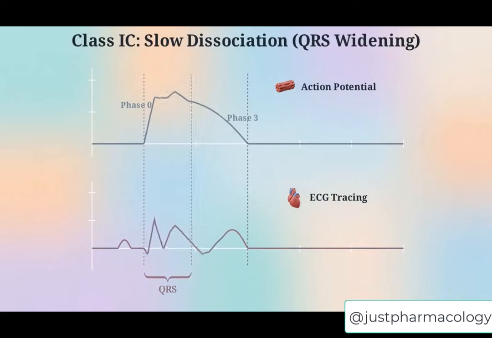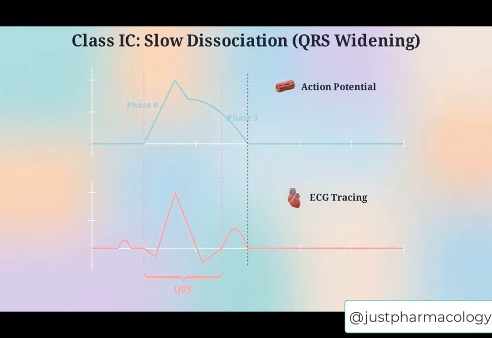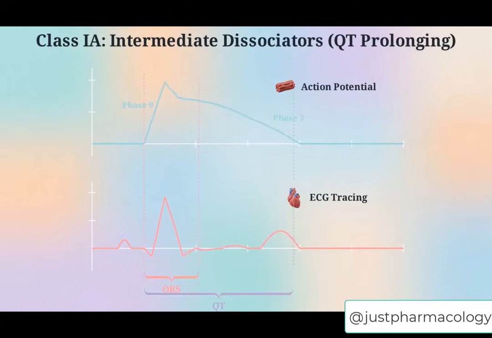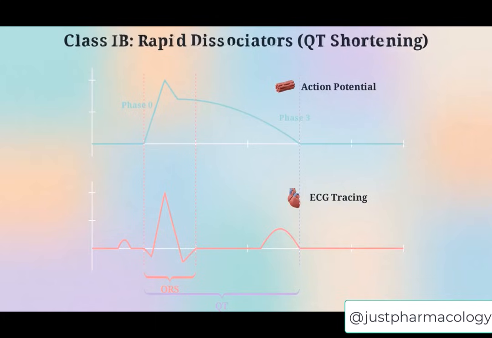A Class IC drug's depression of phase 0 directly translates into a markedly widened QRS duration. Further down the curve, the timing of phase 3 repolarization determines the end of the T-wave, dictating the length of the QT interval. For a Class IA drug, the moderate phase 0 depression slightly widens the QRS, while its potassium-blocking properties delay phase 3, which significantly prolongs the QT interval.